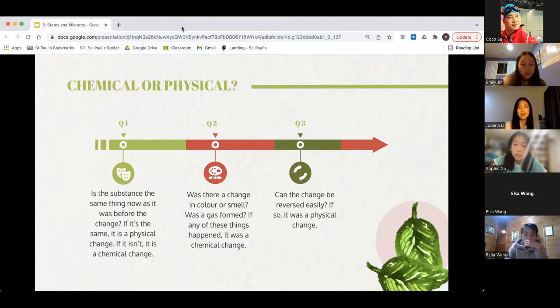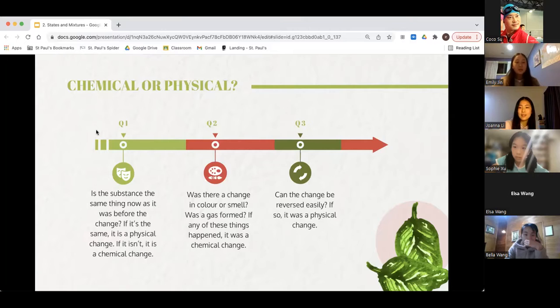Before we jump into that, the physical changes are what we talked about before, right? Physical changes don't actually change the particles, but chemical changes are a bit different. With chemical changes, you're actually changing the bonds between the particles, or within the particle itself. It'll involve bond breaking and bond making between atoms. So that's a chemical change.